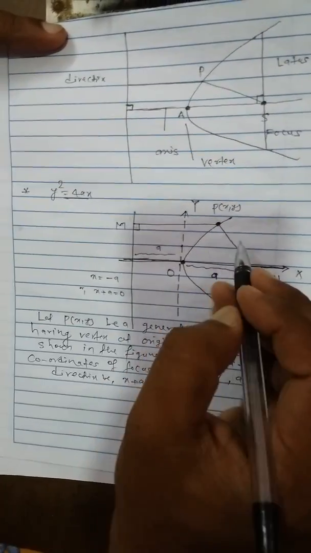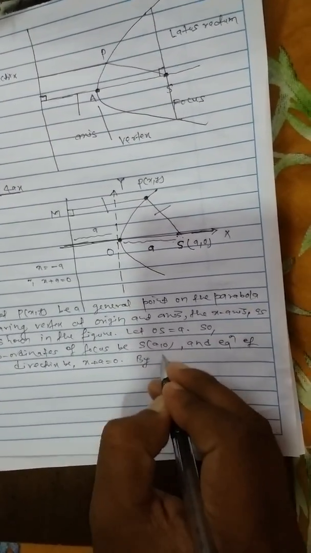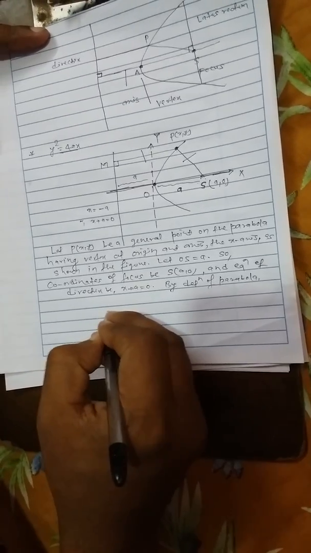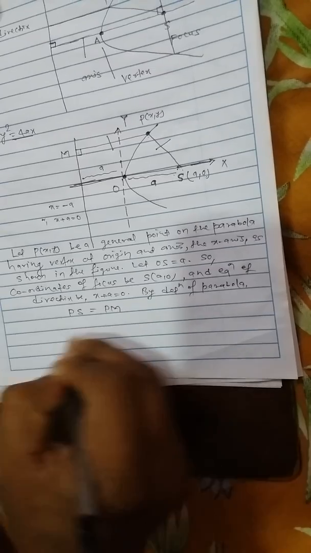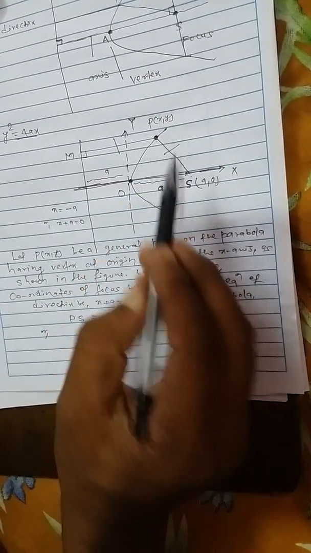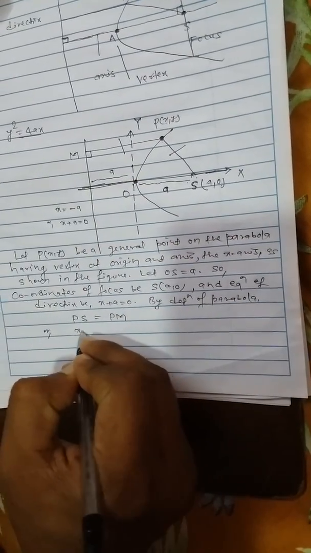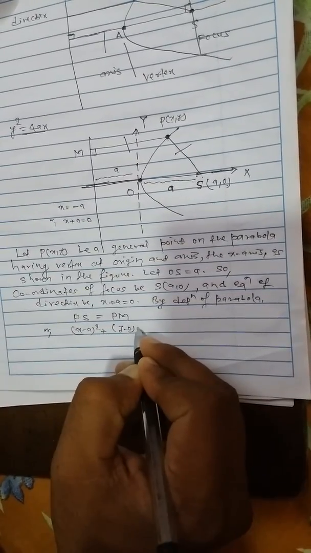By the definition of parabola, this length will be equal to this length: PS equals PM. PS is the distance from point (x, y) to (a, 0). Use the distance formula: the positive square root of (x2 minus x1) whole square plus (y2 minus y1) whole square.